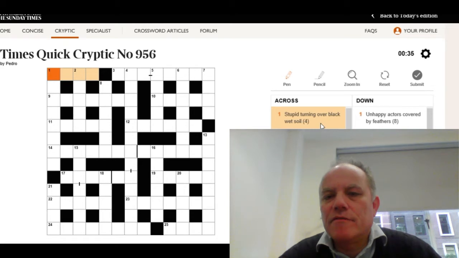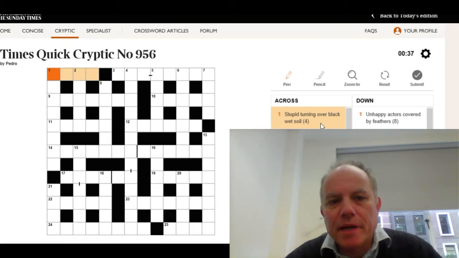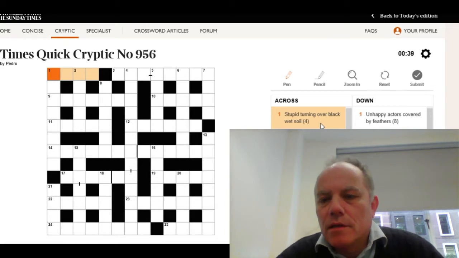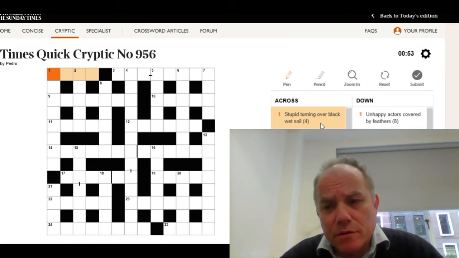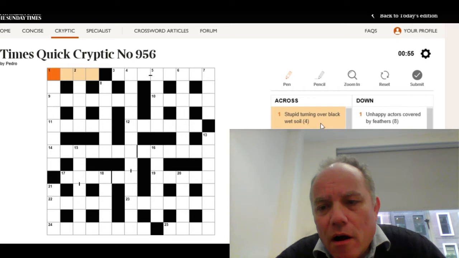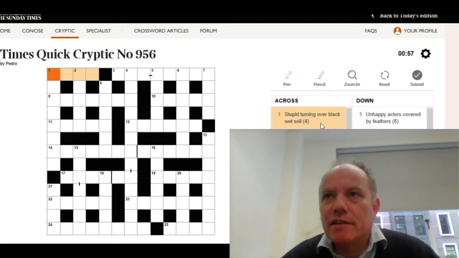So we're looking for a 4-letter word either meaning stupid or meaning wet soil. Now what there is apart from that in the clue is turning over and black. And turning over sounds like an instruction to reverse something. Black is often the letter B in crosswords. There are other things it could be like jet or ebony, but normally it's the letter B.